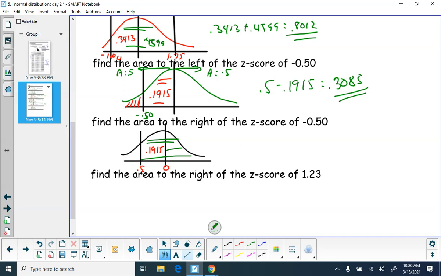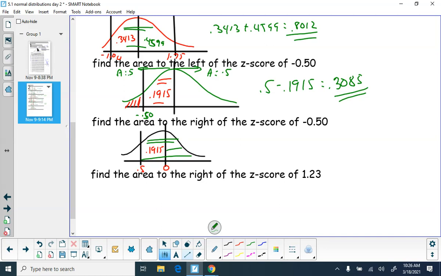What should we do to calculate the area to the right of this? Grace, what should we do to calculate the area to the right? Subtract them. I want to find all this area over here.